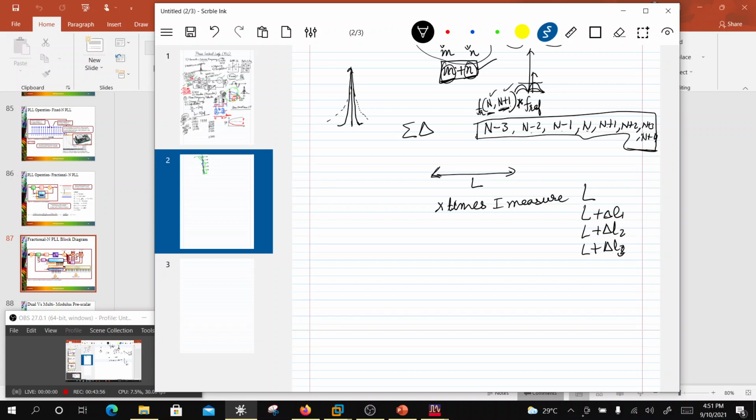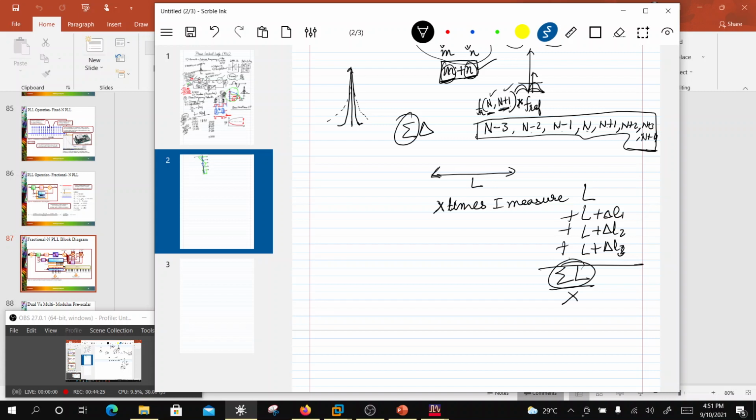So how do I get this to be more accurate? If I measure it x times, then I sum all of them, right? And I average it out over x. So I have summed all the L measurements, and then I have divided by x. So this is called averaging, right? So what did we do? We did a sigma here. This is equivalent to an integration.